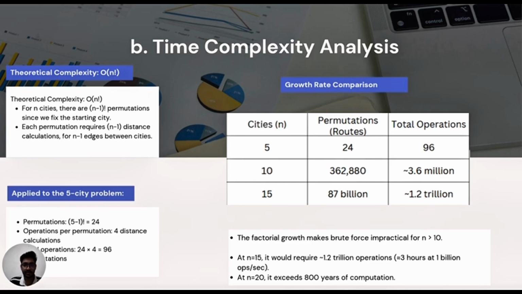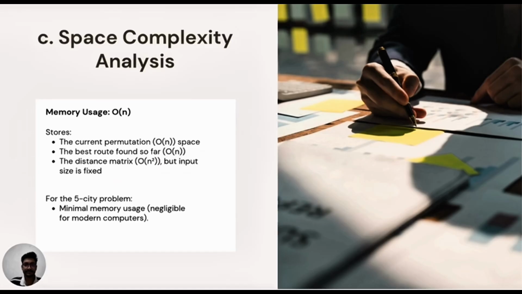The factorial growth makes brute force impractical for n more than 10. At n equals 15, it would require 1.2 trillion operations, which is 3 hours at 1 billion operations per second. At n equals 20, it exceeds 800 years of computation.